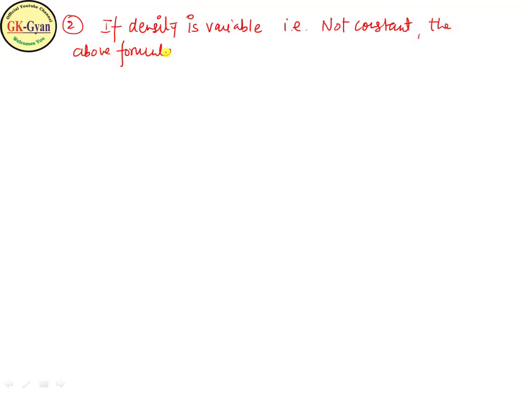So I will write down here, if density is variable, that is not constant, the above formulae, that is PA equals P0 minus rho GH and PB equals P0 plus rho GH, will not be applicable.